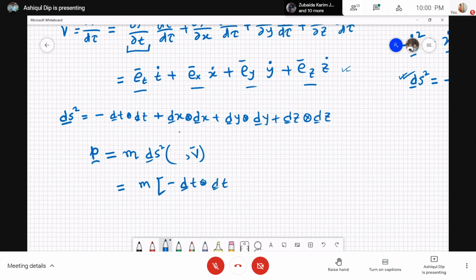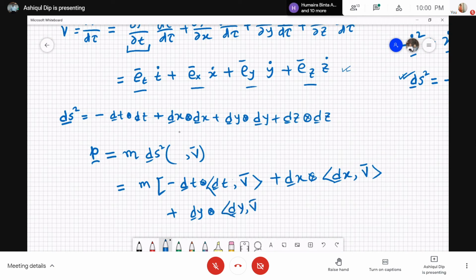In the second slot, you are actually supplying V. So you are piercing V with this part only. Then dx times dx, but you are now in the second slot, you are supplying V. So pierce with that, and so on. So plus dy times dy pierced with V plus dz times dz pierced with V, like that.